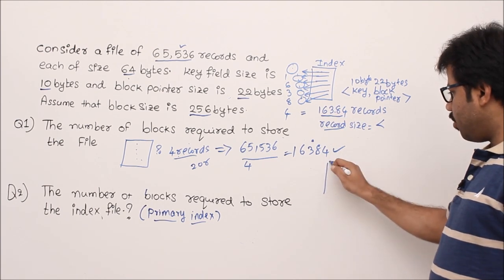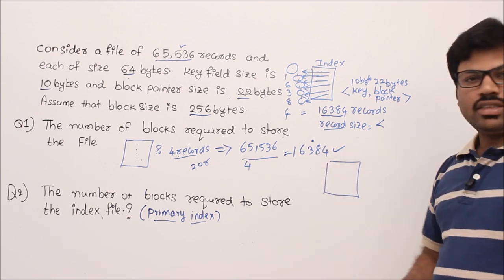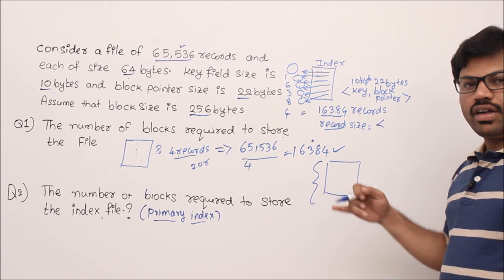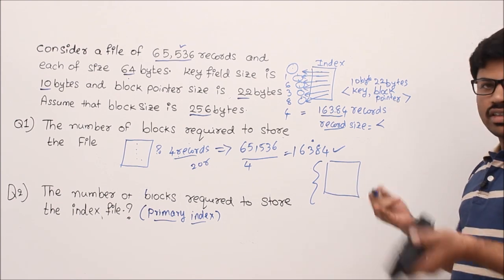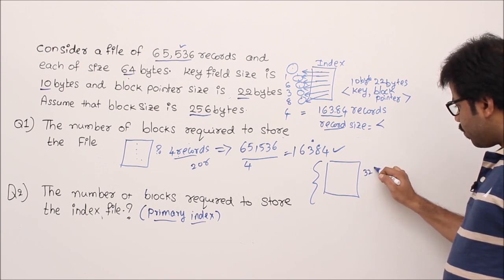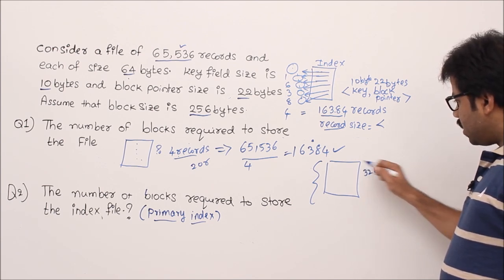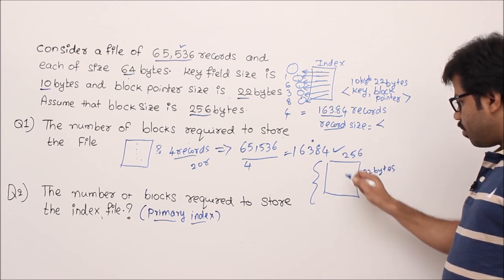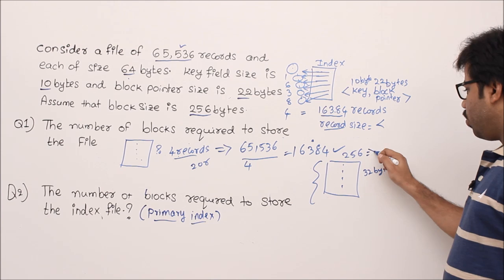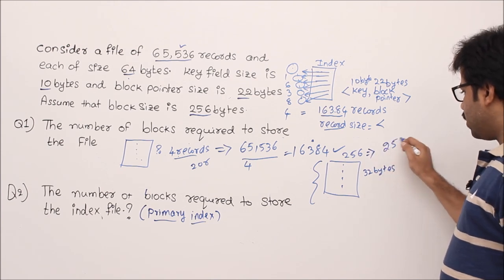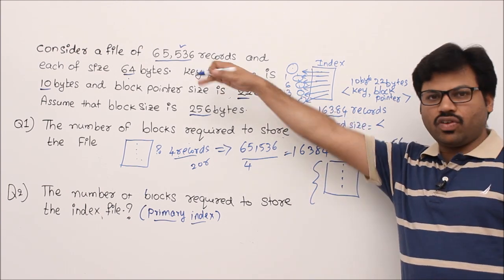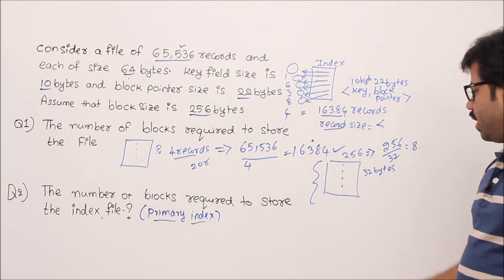Now we'll come to the same idea. What is your block capacity? This time it will be different, because you are keeping different, differently structured records. Here the record size is 32 bytes, remember it. The capacity is 256. Now first of all we ask, my dear block, how many index records can you accommodate? 256 by 32 is 8, obvious, because it was 64 earlier and now it is 32, so the occupancy is increased.